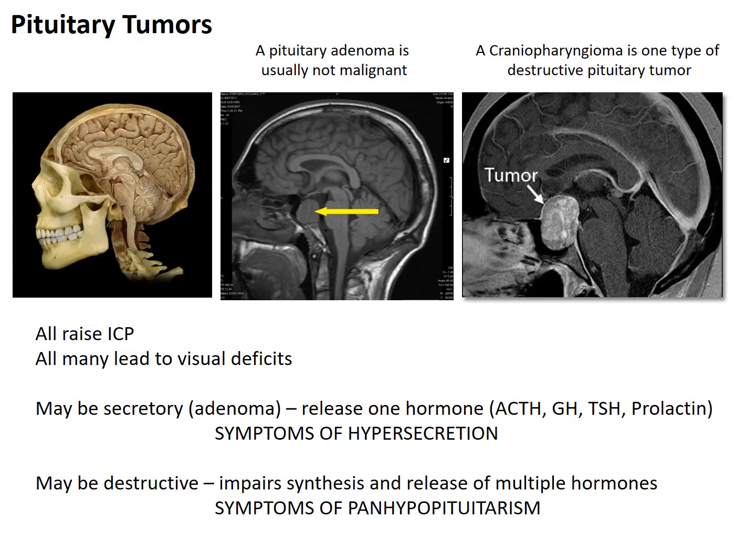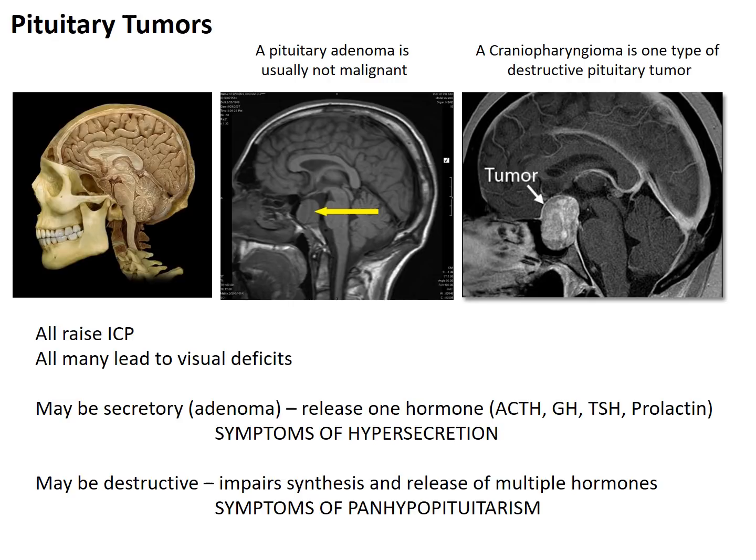And then you can have destructive tumors of the pituitary gland, malignant tumors of the pituitary gland. Those are typically non-secretory but destructive, and then the individual starts to lose the ability to synthesize and secrete those anterior pituitary hormones. An example of such a tumor would be a craniopharyngioma shown in the most right MRI.